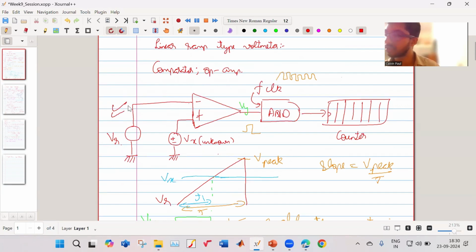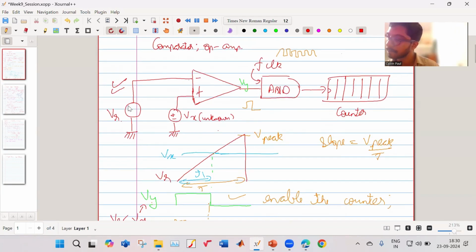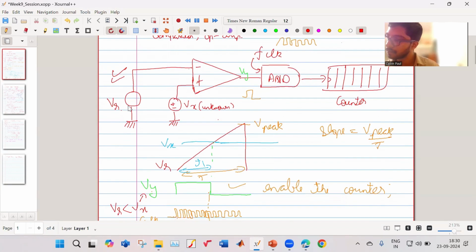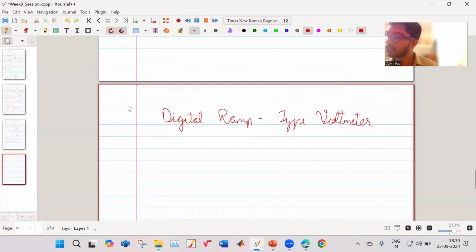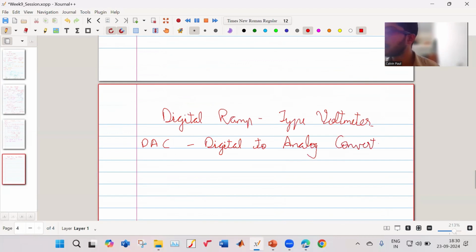But before that, I will explain what is known as a DAC. A DAC is a digital to analog converter. Basically, it is a kind of data converter. It converts some digital value to an analog value.